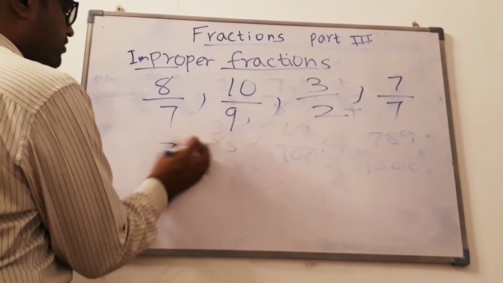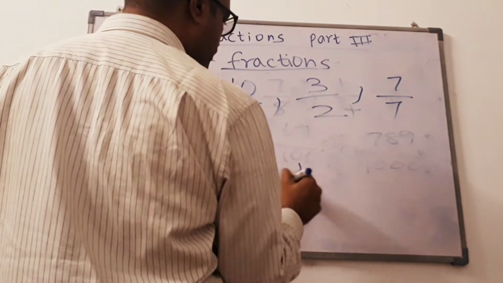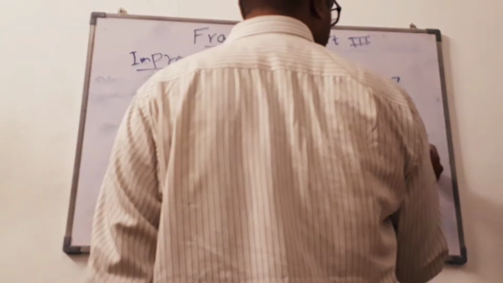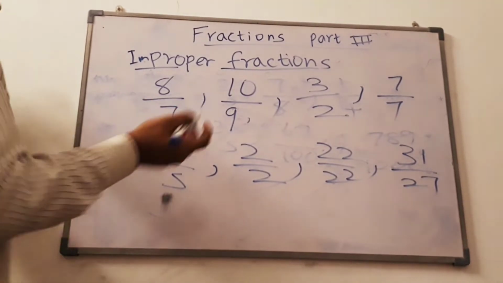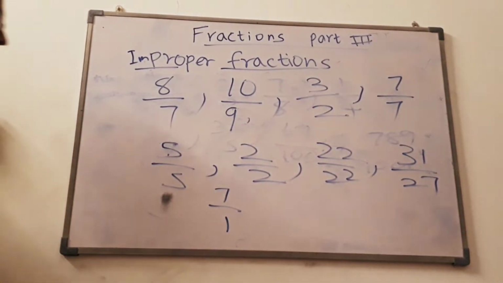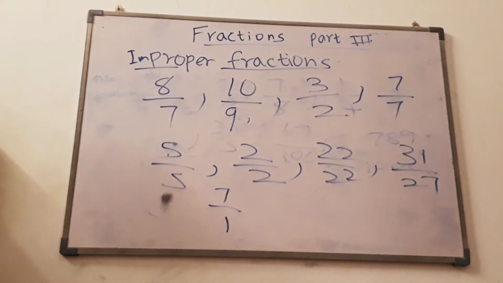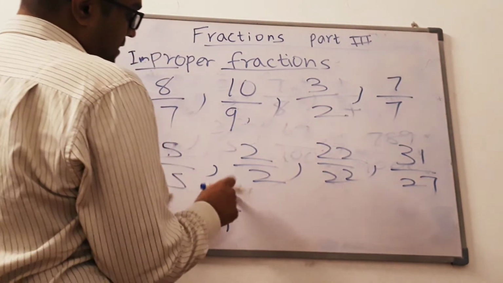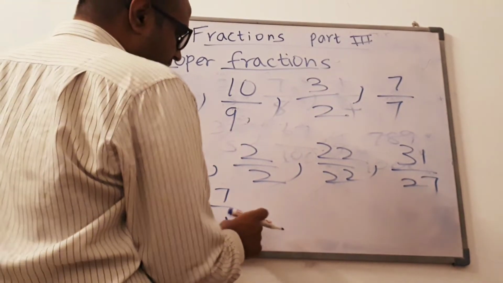Such as 7 out of 7, 5 out of 5, 2 out of 2, 22 out of 22, and also 31 out of 27. These are improper fractions. And also 7 over 1 is an improper fraction, even though denominator is a 1. If we write 7 as a fraction of 1, this is also an improper fraction. Numerator is greater than the denominator, here 1 as well.